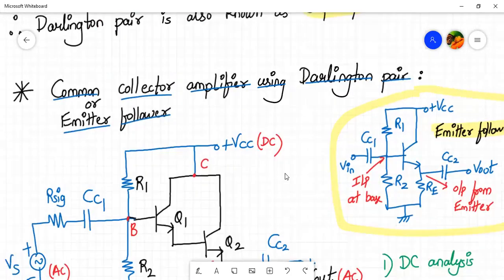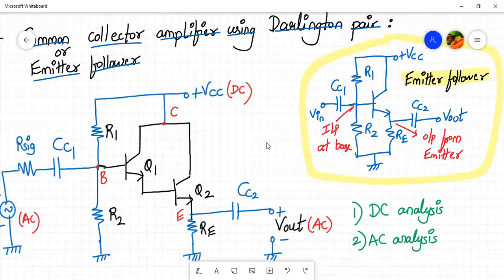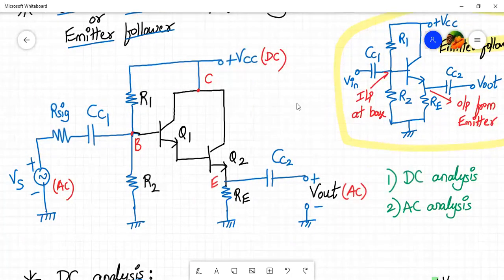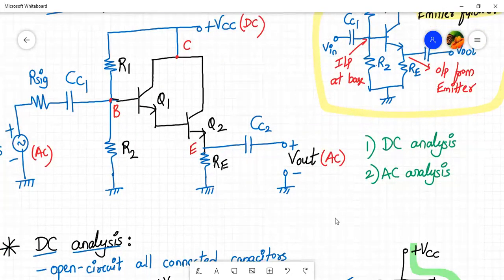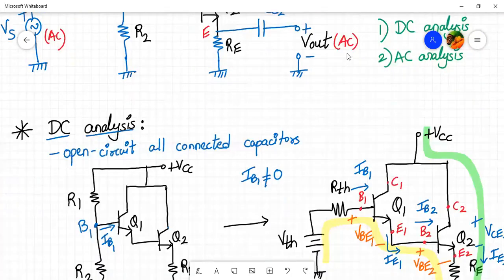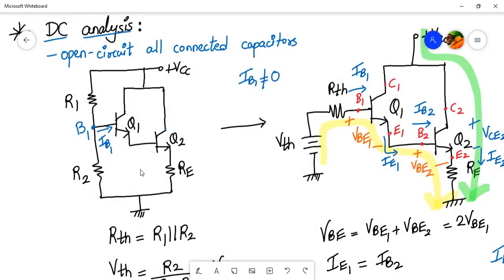Then we identified a configuration, that is emitter follower amplifier employing Darlington pair. So this was the circuit diagram, and we were supposed to do DC analysis and AC analysis, but we completed the DC analysis part over here. In this part, we open circuited all the connected capacitors, and then we are left with the DC equivalent circuit.